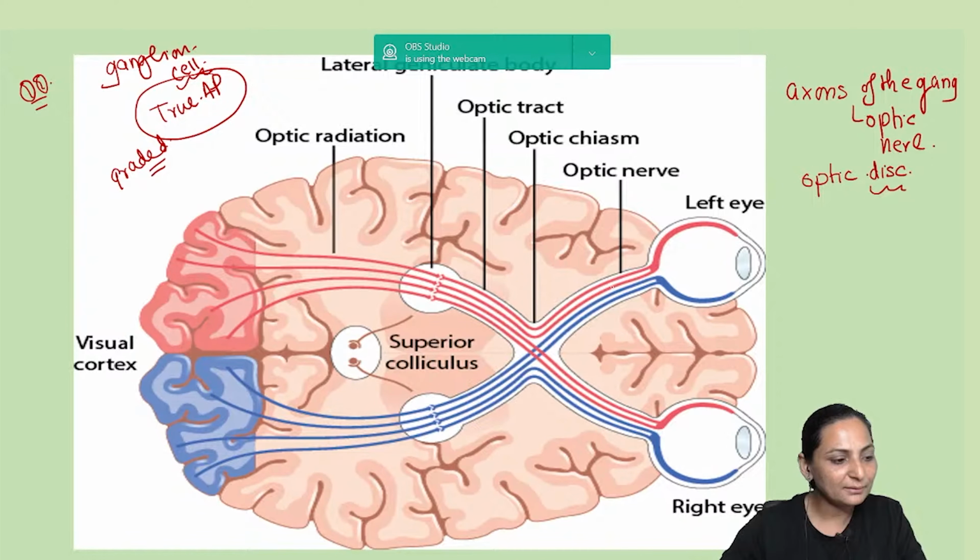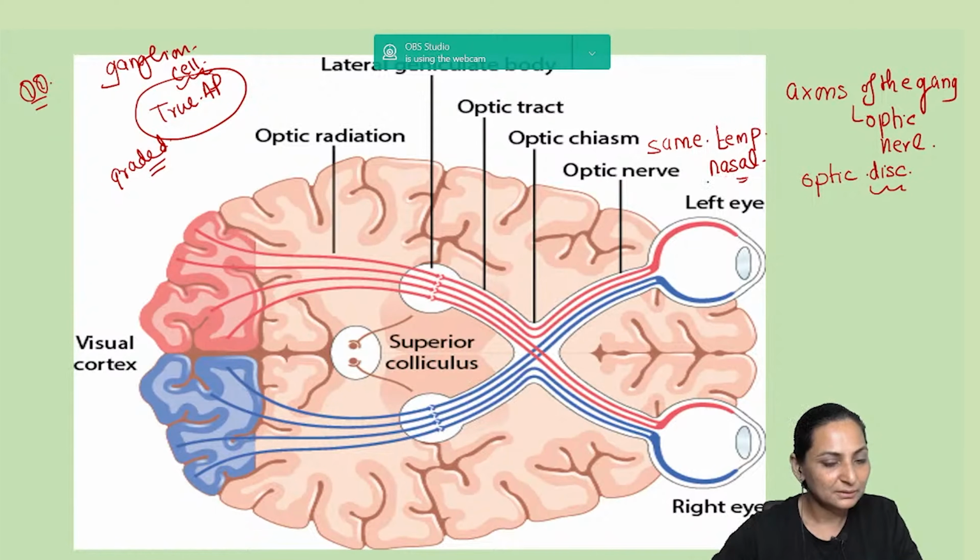This optic nerve will have nasal fibers and temporal fibers of the same side. So if it is a left optic nerve, it is going to have left nasal and left temporal. If it is a right optic nerve, it is going to have right temporal and right nasal.